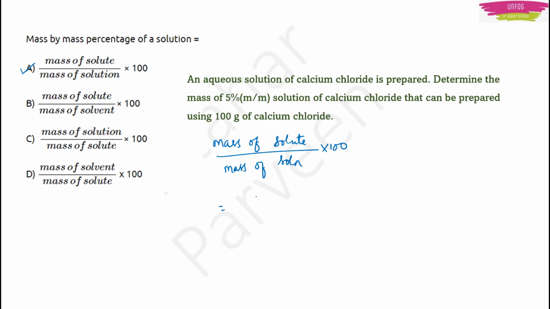They have given you mass of solute which is 100, right? 100 gram of calcium chloride is there. And for solution they have given you 5% of solution. Multiply it with 100. 5 ones are 5, 20s are 100. This will be equal to 20 into 100 gram solution, or 2 into 10 raised to 3 gram solution. Whatever is there in your option, that you can take. Okay.